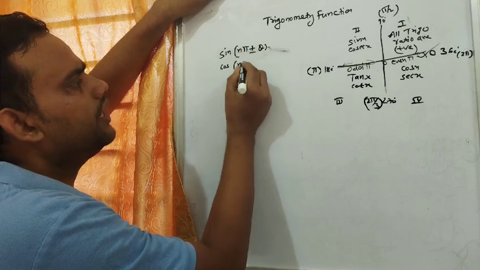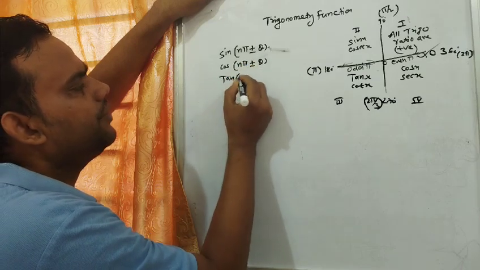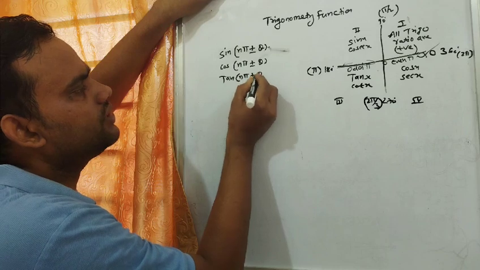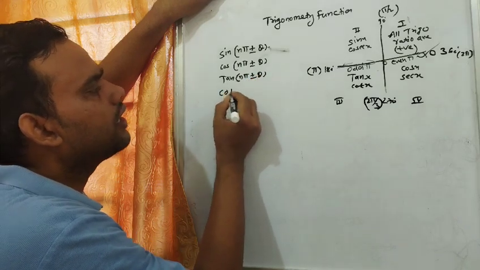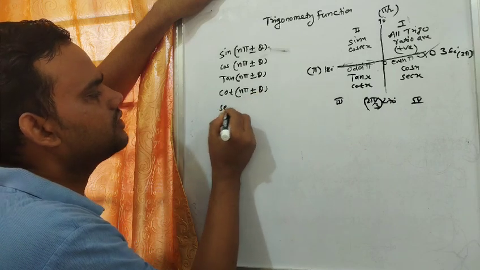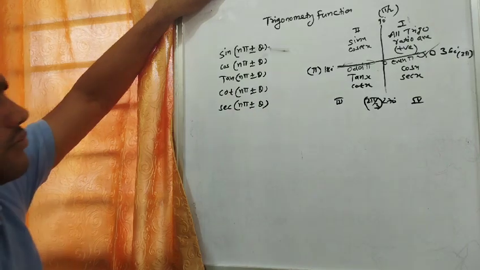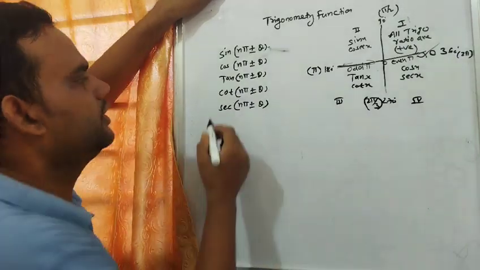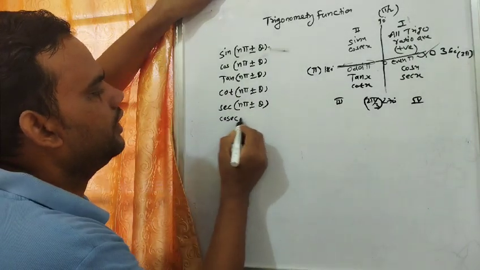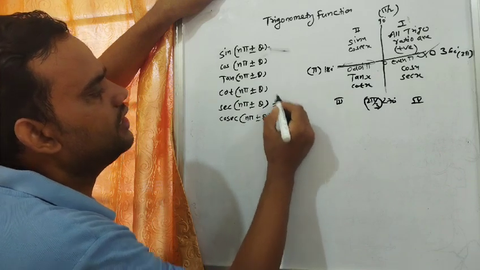Similarly, cos of n pi plus or minus theta, tan of n pi plus or minus theta, cot of n pi plus or minus theta, sec of n pi plus or minus theta, and cosec of n pi plus or minus theta. So what is the answer here?